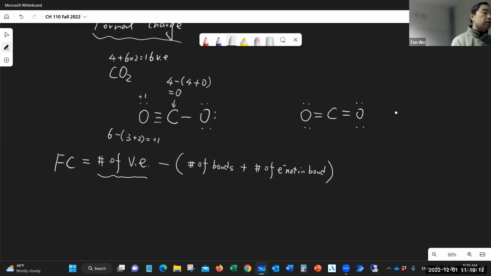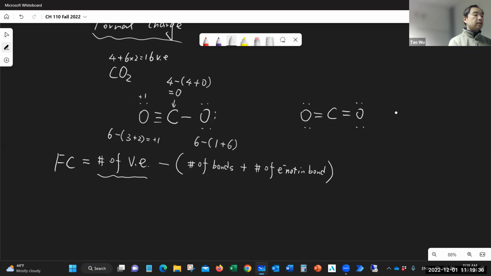And then we can do the formal charge for the oxygen on the right. The valence electron count is 6. You subtract the number of bonds: this guy has 1 bond, so plus 1, plus the number of electrons not in bonds. This guy has 6 dots not in a bond, so you plus 6.